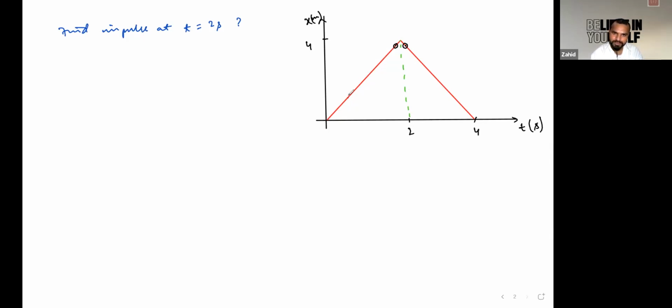If you calculate the inclination or slope at this point or at this point, it would be constant. And as we know, displacement versus time defines velocity. So if you calculate velocity at this instant, let it be like this.